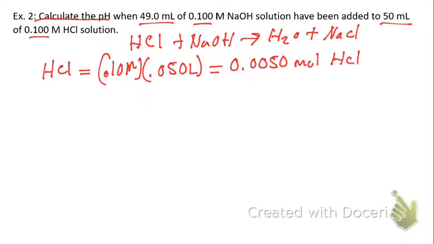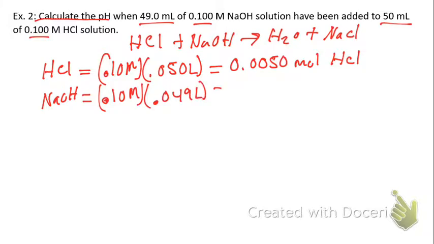That's how many moles of HCl we have in our solution. Now the base that was added, we had a concentration again of 0.1 molar, and we only added 0.049 liters, which gives us the number of moles of 0.0049 moles of sodium hydroxide.